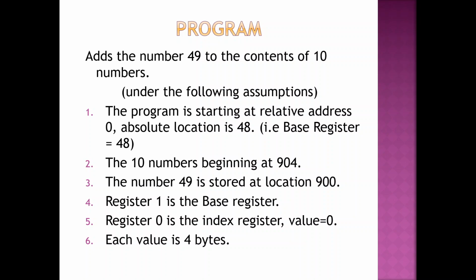Similarly, I add 49 to A of 1, 49 to A of 2, 49 to A of 3, and so on, till A of 10, every number present there. I am repeating, there is no array concept here. I'm just giving that example so that you can visualize it.